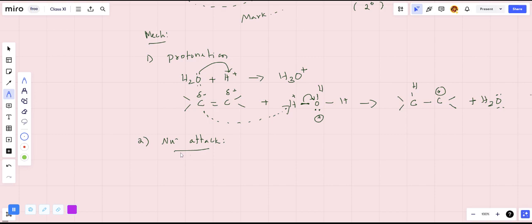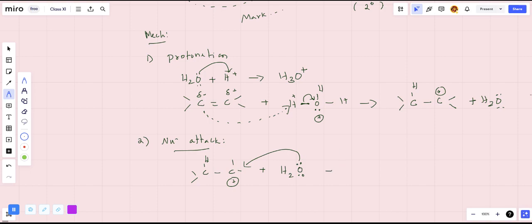Nucleophile means what? It's a negative species. So which one does it attack? It will attack this carbocation. If I write the carbocation here, with hydrogen, the carbocation is this. Then we take water again. The two electrons are there, so these two electrons will attack this carbocation.